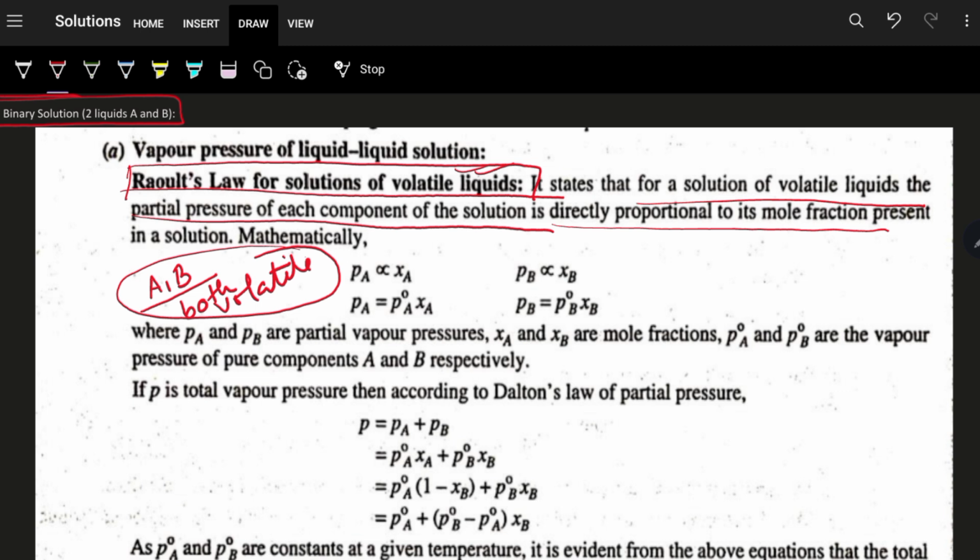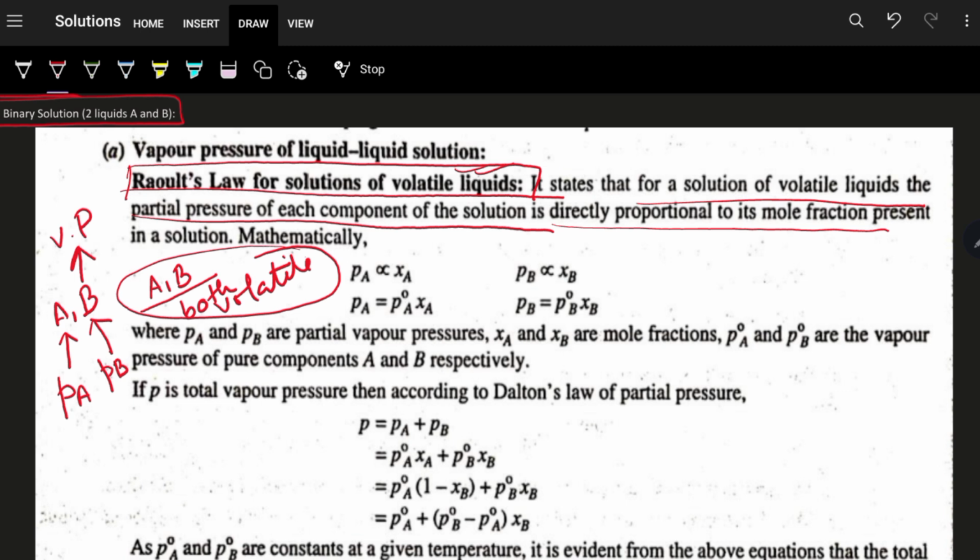Because the vapor pressure has contribution of both A and B. So the pressure exerted by A can be considered as PA, and the pressure exerted by B can be considered as PB, and they are the partial pressures on account of the contribution of the volatile component A and volatile component B respectively.